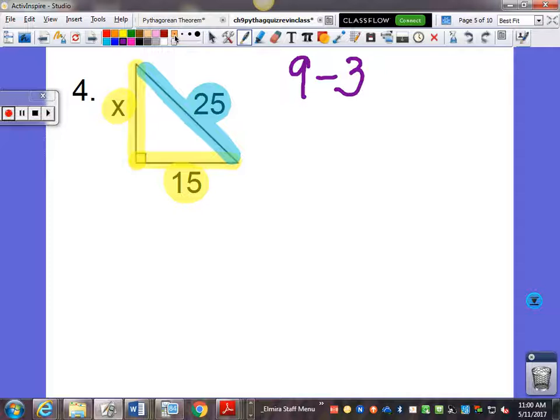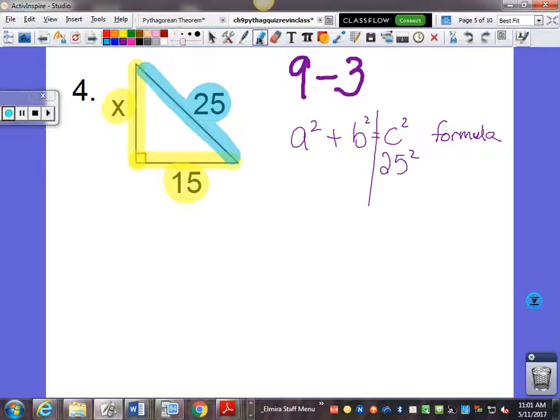Well, a little bit. All right, a squared plus b squared equals c squared. So we're still starting with our formula. Okay, for subbing in purposes, 25, well, that's not a variable anymore. I'll put that in the place of c.